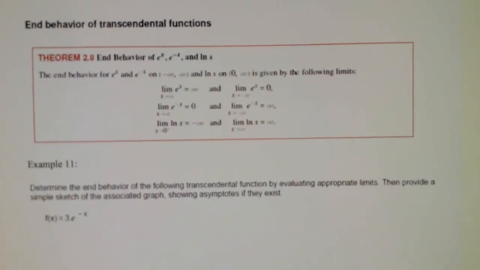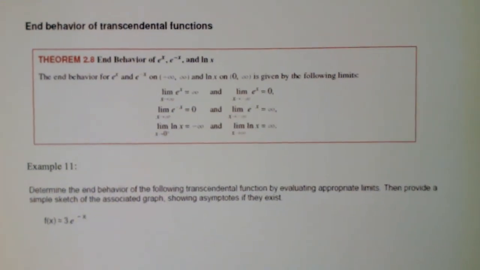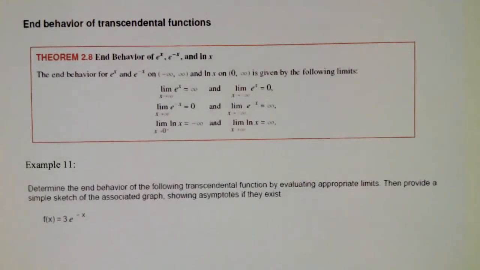Now let's end this video with end behavior of transcendental functions. And basically, when we're talking about transcendental functions, it's going to be functions like e to the x, e to the negative x, and the natural log of x, or ln of x.